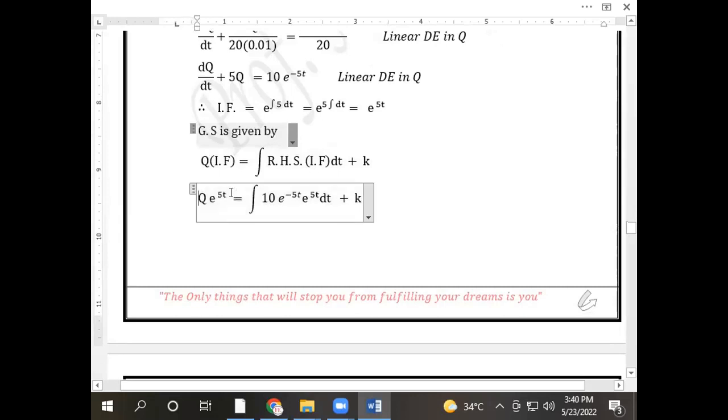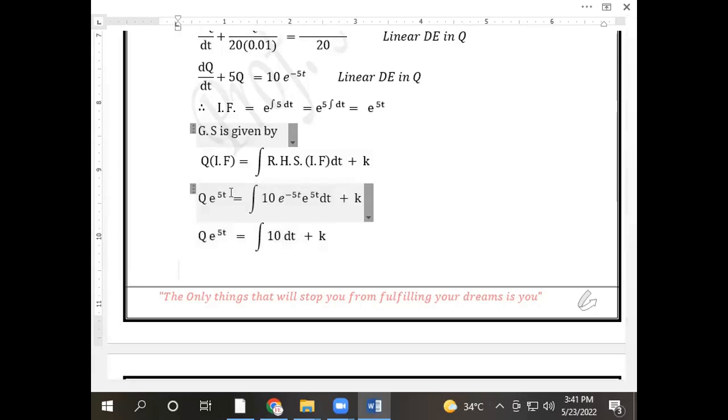Putting the integrating factor e raised to 5t, with 10 e raised to minus 5t, the indices add up as minus 5t plus 5t, which becomes 0, and e raised to 0 is 1. So we get a constant inside the integration: q e raised to 5t is equal to the integration of 10 dt plus k.